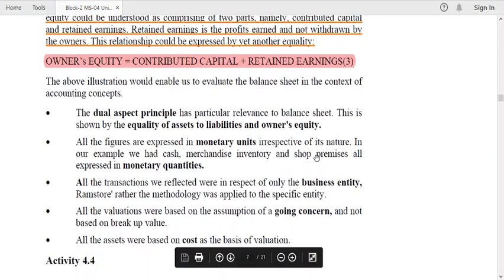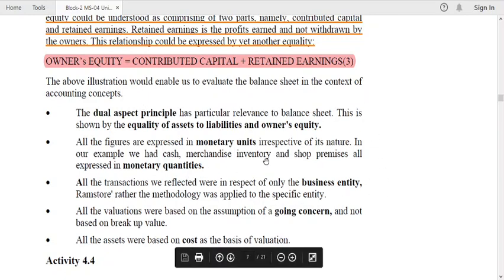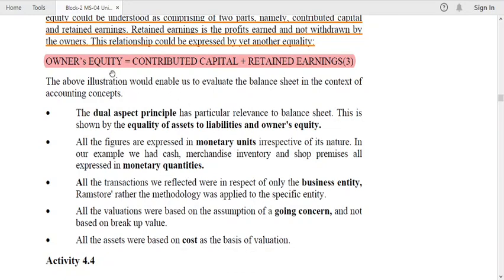So throughout these transactions, we are applying different concepts of accounting. They are the dual aspect principle: whenever an asset is increased, a liability is increased; whenever an asset is reduced, a liability is reduced. So if we are affecting the left side of the equation, the right side of the equation is also equally affected.